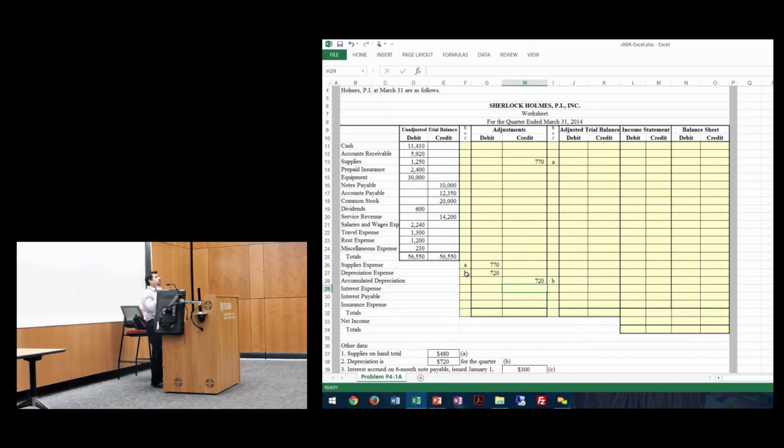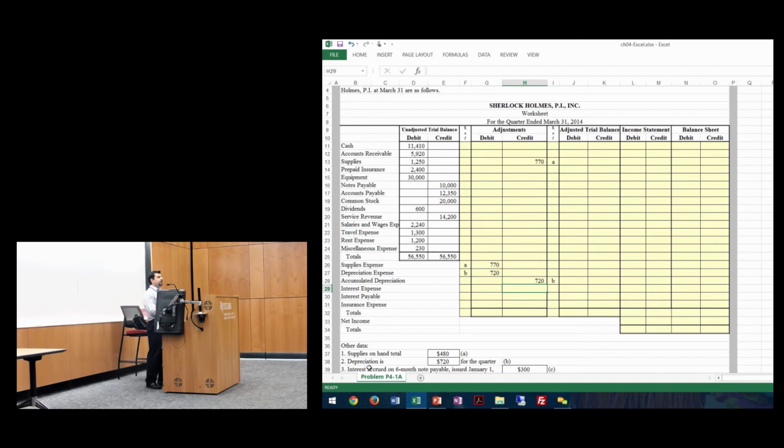Now, the note is a 6 months note. This is the tricky part about those questions. Here it is interest accrued on a 6 month note payable issued January 1st. How many months did pass? 3 months. The interest accrued is the interest that has accumulated until the end of this quarter, until March 31st, and it is 300.